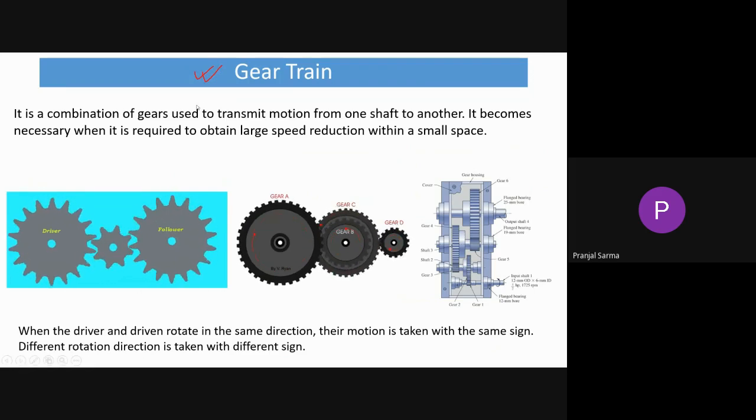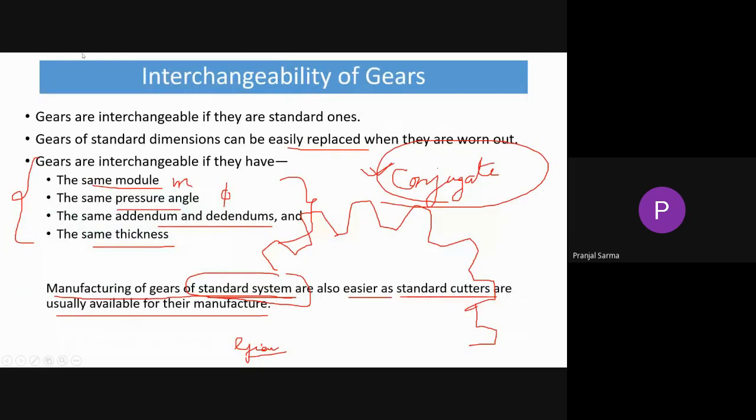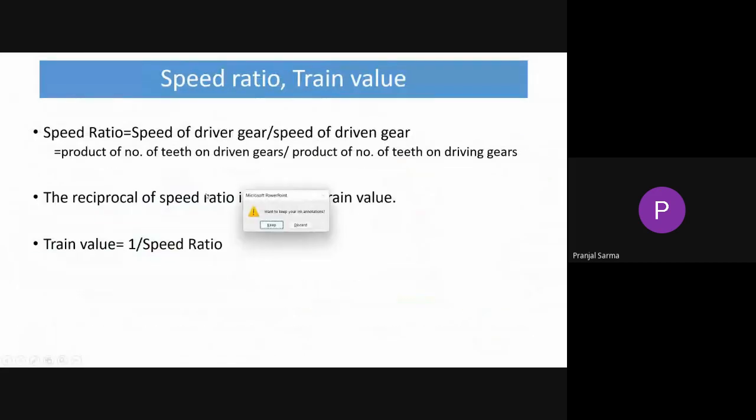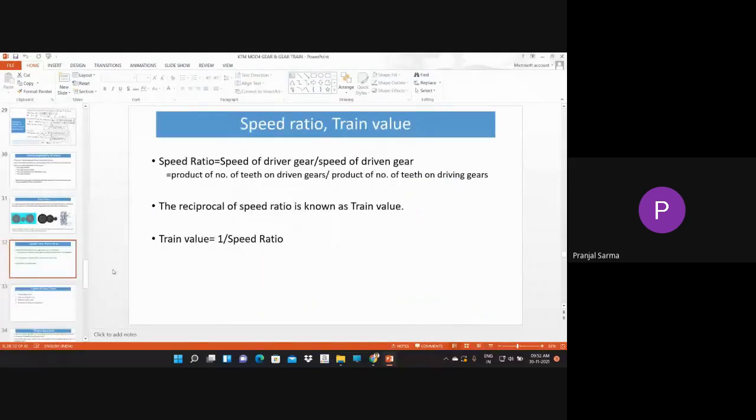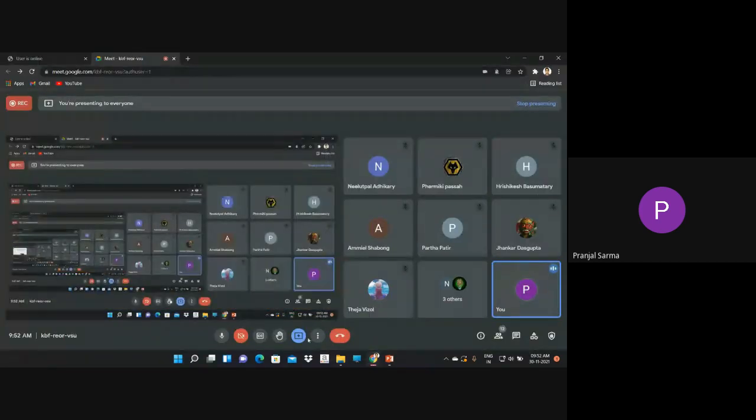In the next part, gear trains will be covered: the different gear trains available, what a gear train is, where it is used, and then we'll solve problems. Since the theory portion is basically over, next we'll go for solving problems.